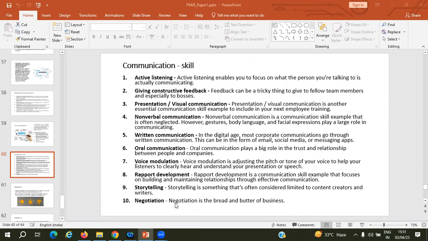The last skill I have mentioned is negotiation. This is required everywhere, in business, in your home. Suppose you are working in a company, in a shop, or you take the example of your family. You are negotiating with your mother.